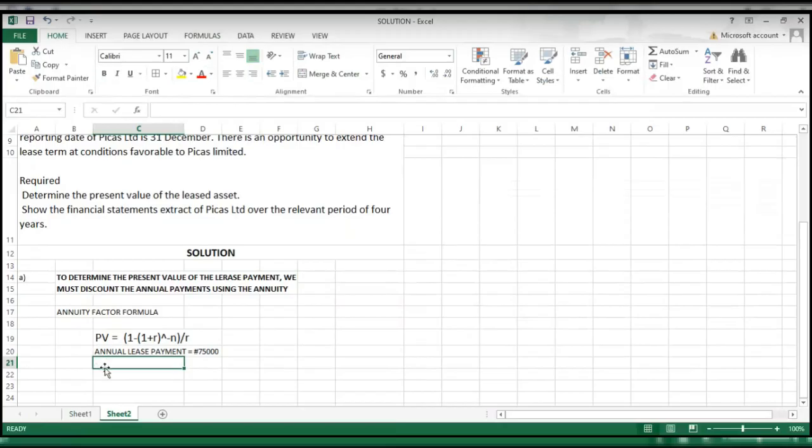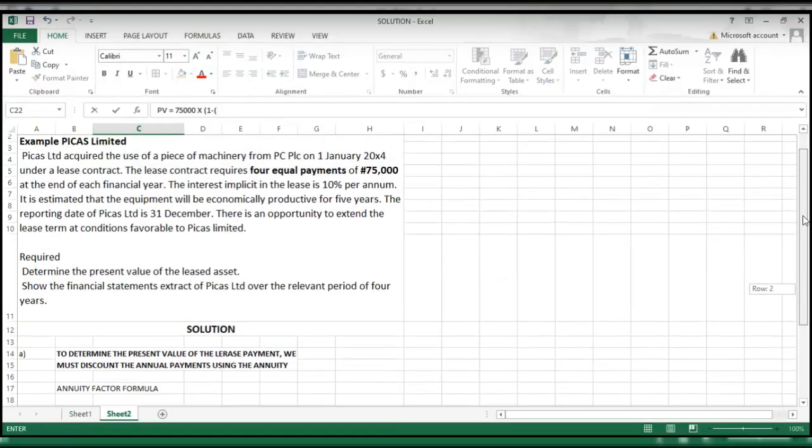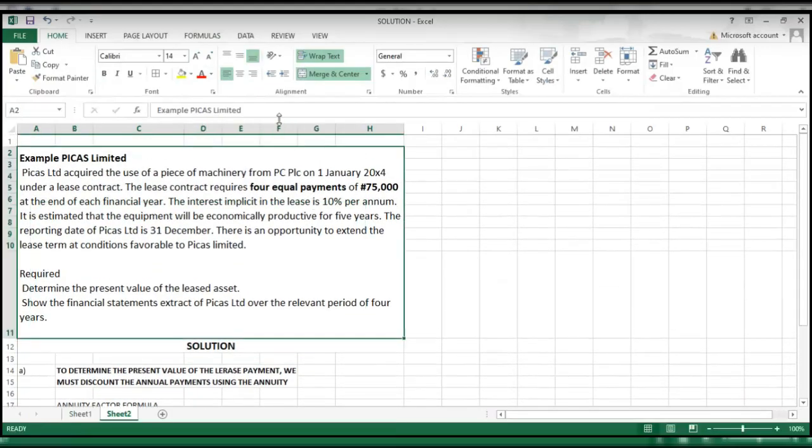So therefore, the present value of the lease payment, which is PV of lease payment, will now be what? PV equals, then we will multiply the 75,000 naira times the annuity factor, then open the bracket, 1 minus, open another bracket, our R. They have given us our R in the question, interest rate implicit in the lease.